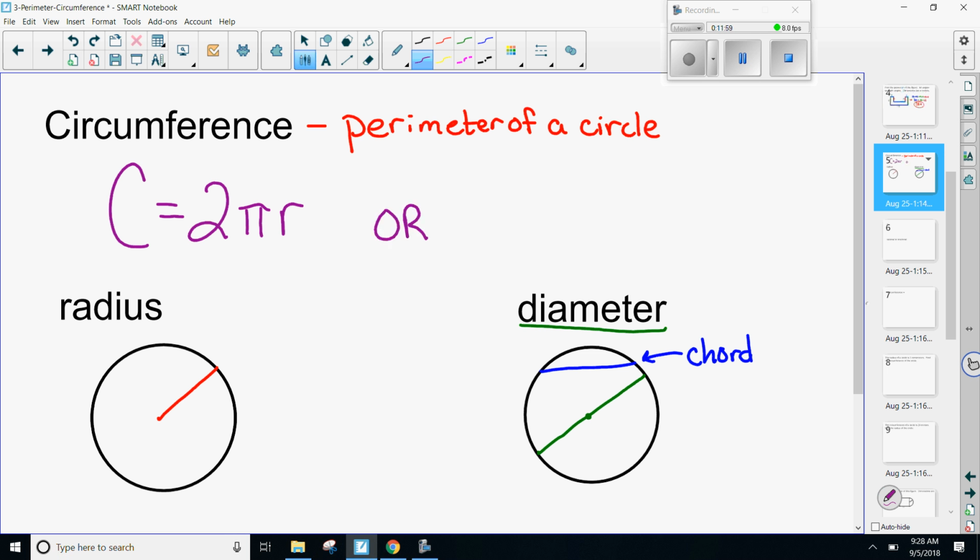Or you can learn it as circumference is pi times diameter. That's why we said you need to know what radius is and you need to know what diameter is. Now, if you put this on a note card, that now becomes a bookmark, and you have your formula right there for you, right?